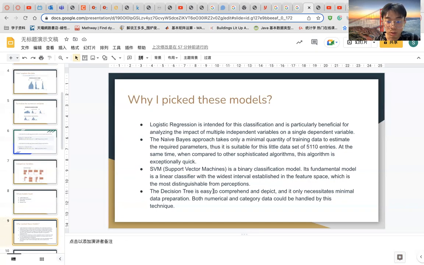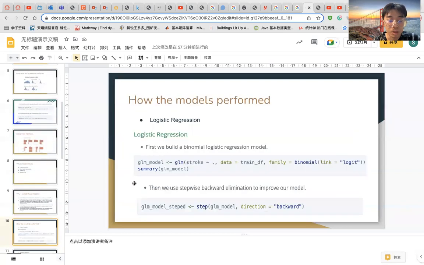It is really easy to comprehend, and it only necessitates minimal data preparation. Both numerical and categorical data can be handled by this technique. So here is how the models perform.